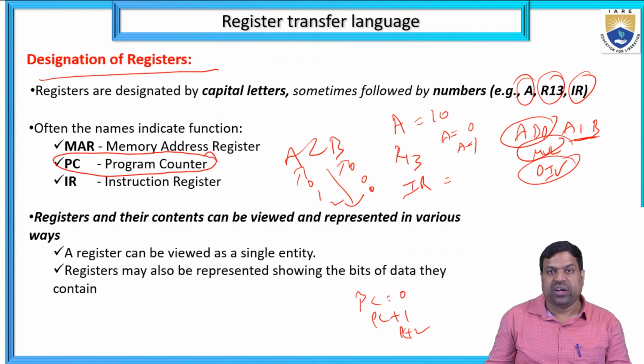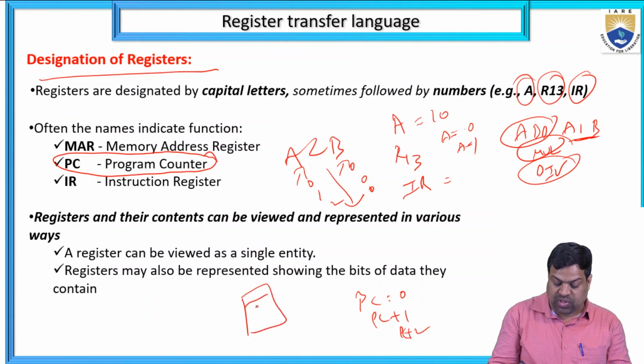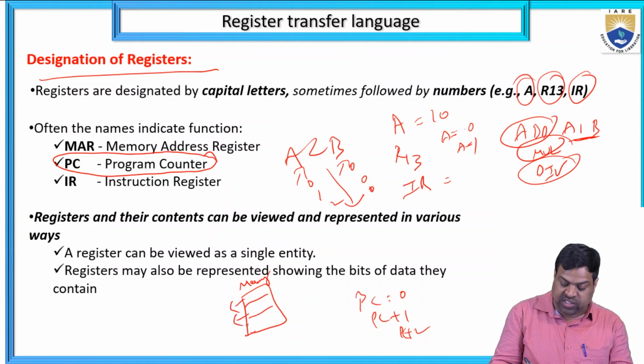And memory address register means, in a memory, these are the addresses. What is an address? 101101, suppose I am taking. So in this address the register values are 110, 110, 11. In this one 1000, 1000, 11. See here also 10, 10, 10, 10.